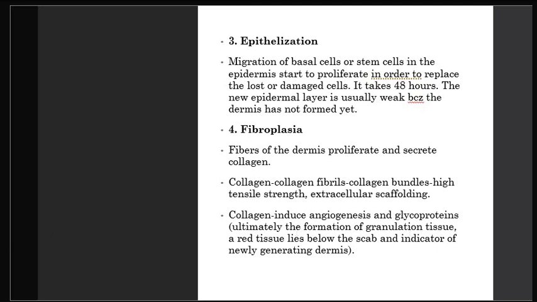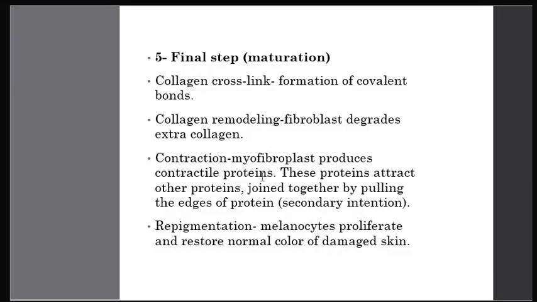And in the last step, also known as remodeling or maturation, cross-linking of collagen and other fibers proliferate over the area to reshape or regain the original structure. In this step, there is also repigmentation: melanocytes proliferate and restore the normal original color of the damaged skin.